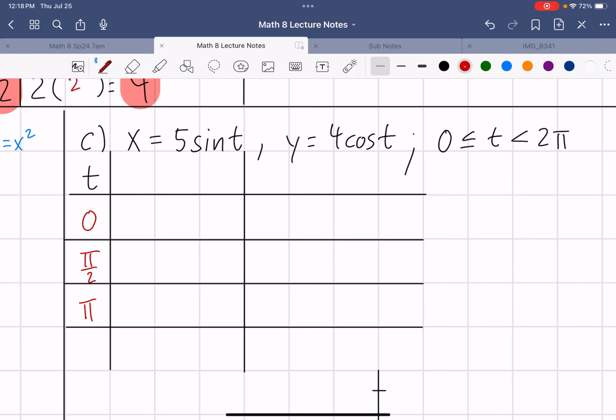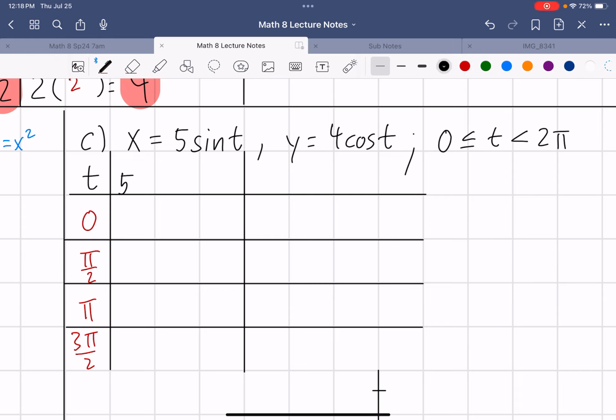So I'm going to stick to this pattern. I didn't write 2 pi just because 2 pi would be back at 0 again. Again, you can choose pi over 4, all those other ones. I'm just starting with these first few.